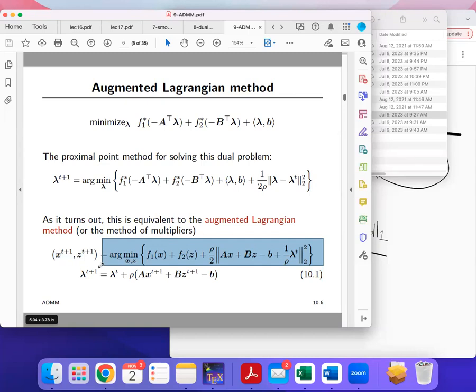So this is a simple idea to motivate introducing the augmented Lagrangian methods. We can see that if we directly apply proximal point to the dual formulation, the resulting algorithm may converge theoretically, but it's very hard to implement in practice.